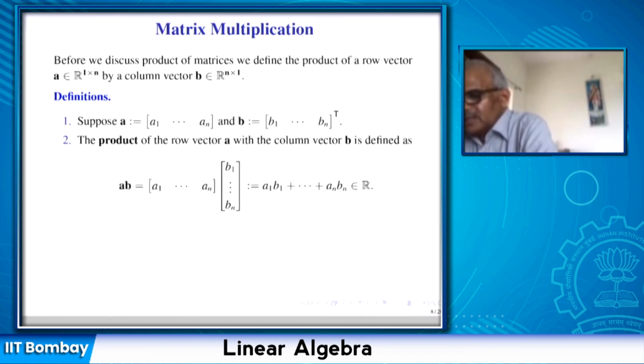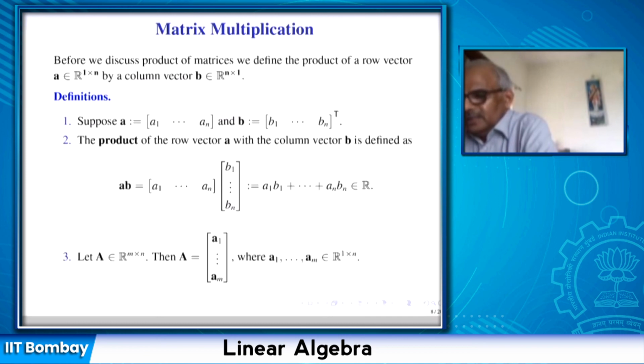But we are writing it by putting the row vector first and the column vector next. So that is the product of a row vector and a column vector. The definition demands that the number of components of A and the number of components of B are equal. So both the row vector and the column vector have the same number of components, then we will write A times B.